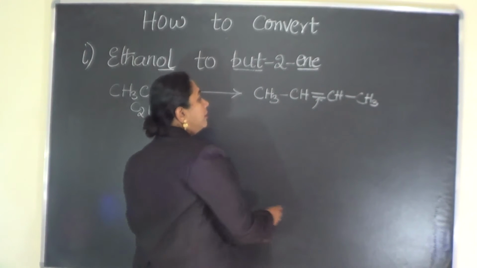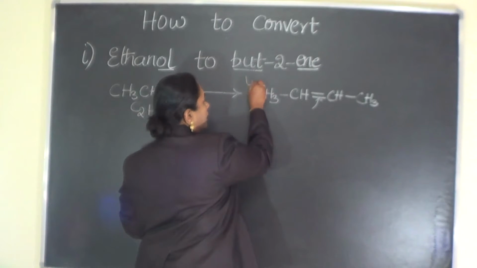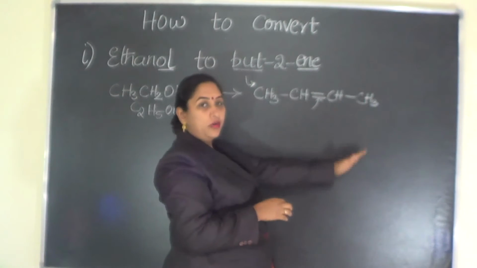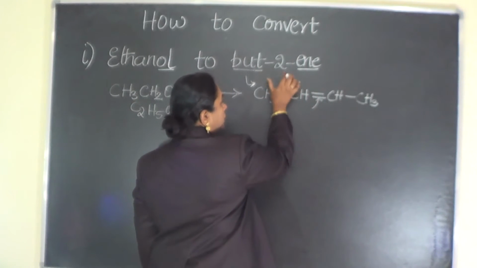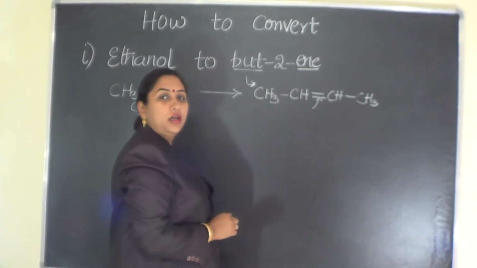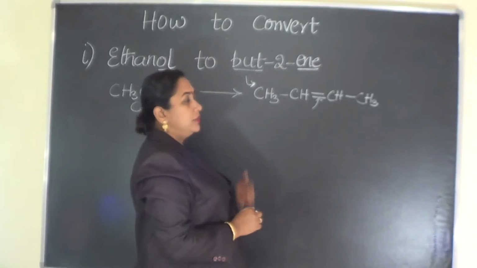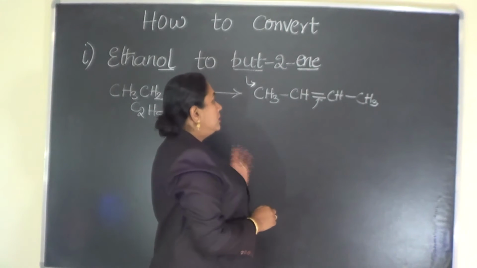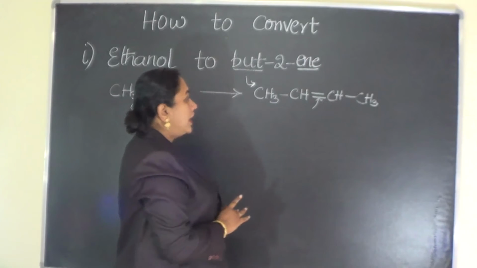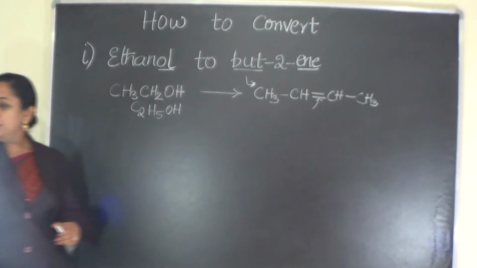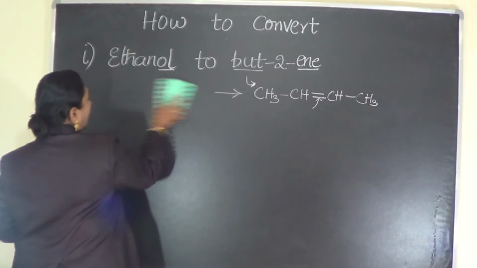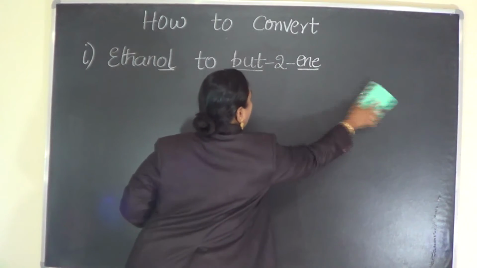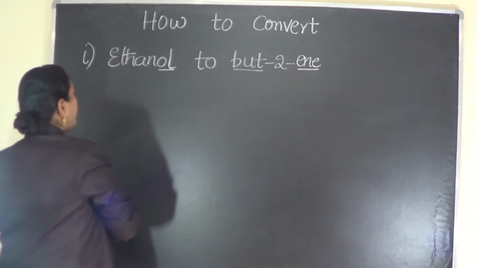We can number this structure either from left to right or from right to left. Still this structure takes the name 2-butene because this is a symmetrical alkene. So let us see how exactly we can go on with this type of conversion. Let us think how to convert ethanol to butene.